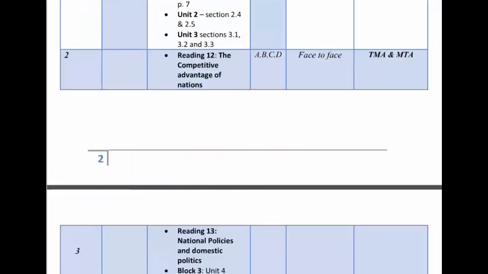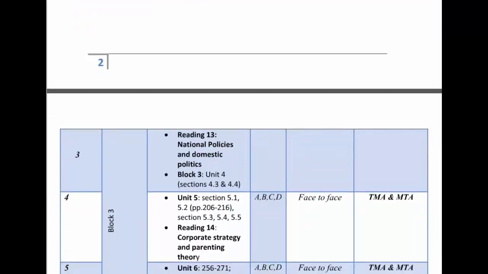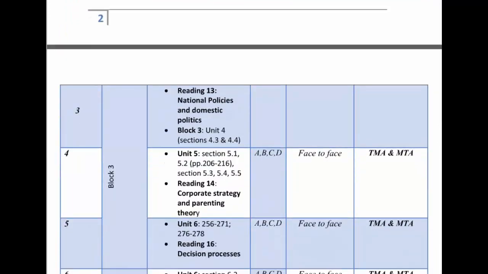We will take reading 12, which is about the competitive advantage of nations, and then reading 13, which is about national policies and domestic politics.